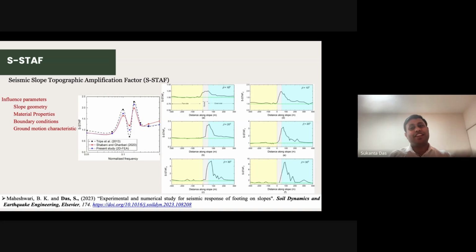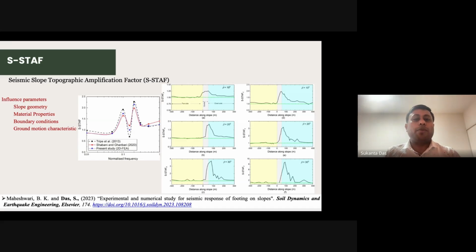I'm not stating exactly how much, because I think there may be some mismatch in the measurements, but they have fairly reported 8 times as normal. So just think, if there is 8 times higher amplification, what is the influence on the earthquake intensity in the hilly areas?